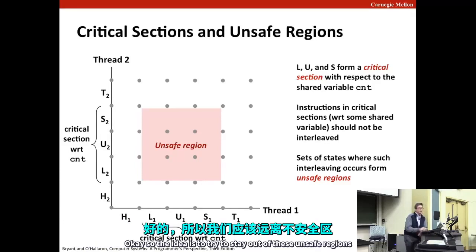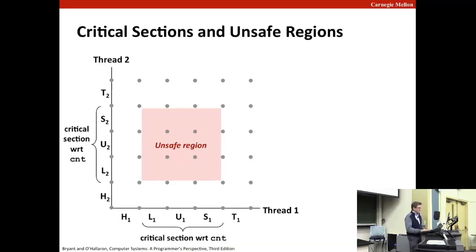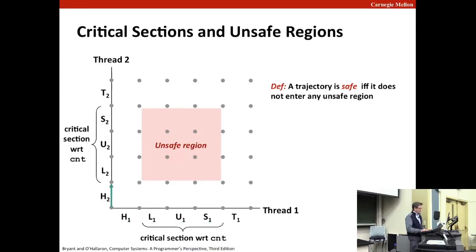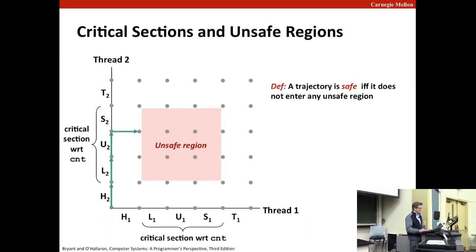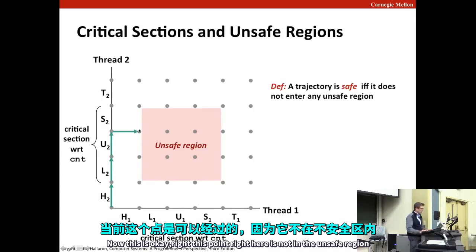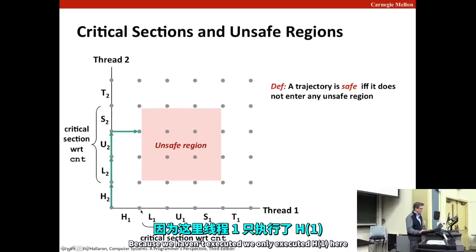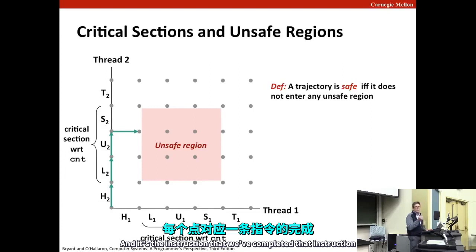So the idea is to try to stay out of these unsafe regions. And if we do, we say that trajectory is safe. Here's an example of a trajectory that's safe. This point right here is not in the unsafe region because we've only executed H1 here. Remember, a point corresponds to an instruction that we've completed.